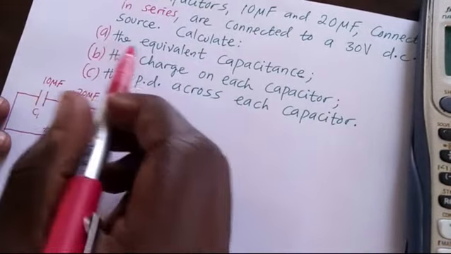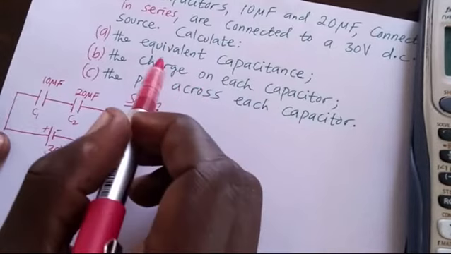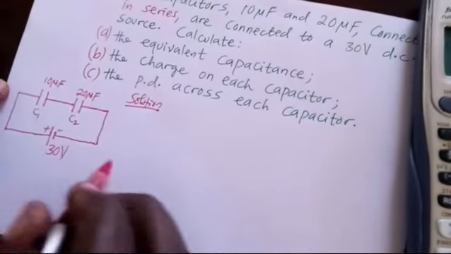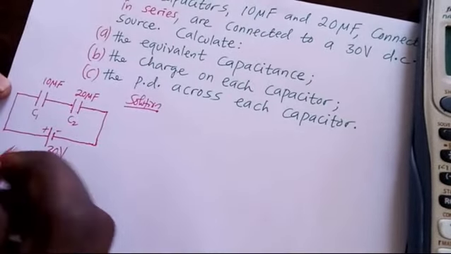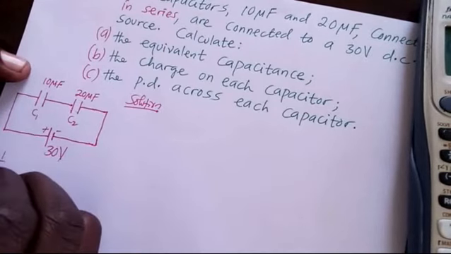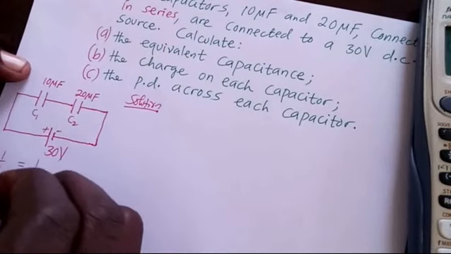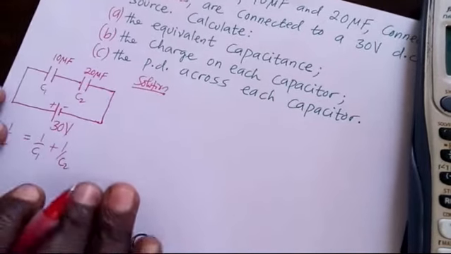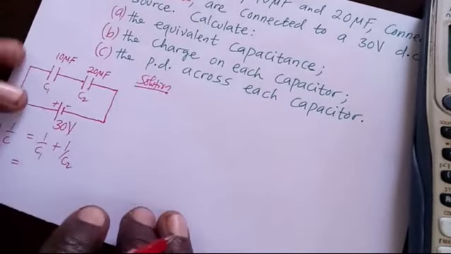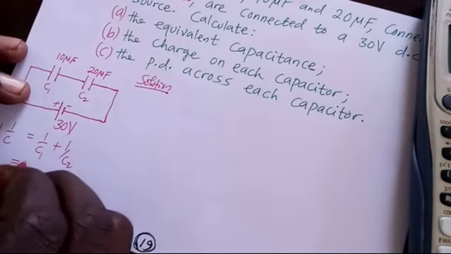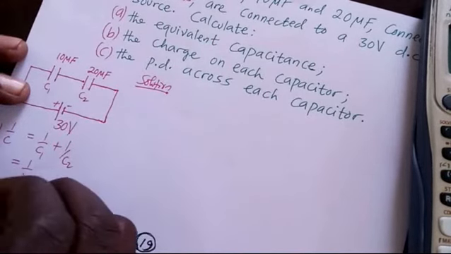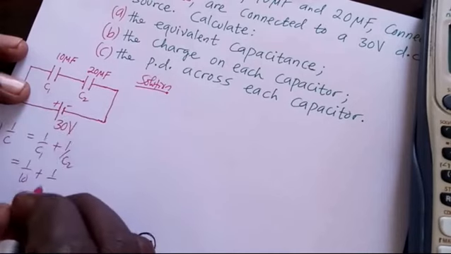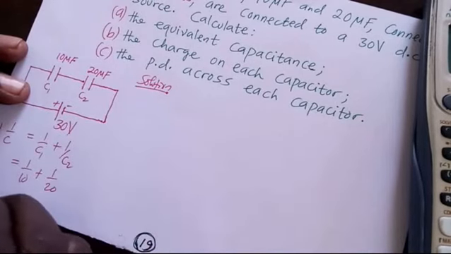First you need to get the total capacitance. How do we get it? We have only two, so we say 1 upon C is equal to 1 upon C1 plus 1 upon C2. This is equal to 1 upon 10 plus 1 upon 20.